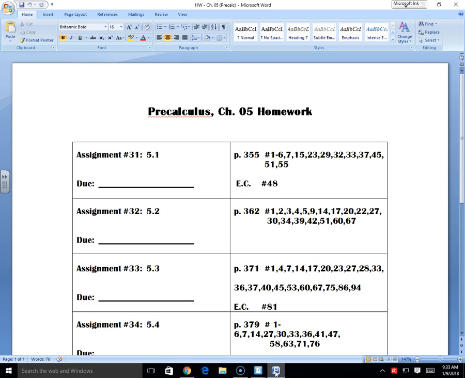Josh, which one are you stuck on? Anybody else currently stuck on one or not so sure about one? 17. Okay, thanks, Josh. 20. Anything else you're stuck on currently? I'm sure we'll have more tomorrow.